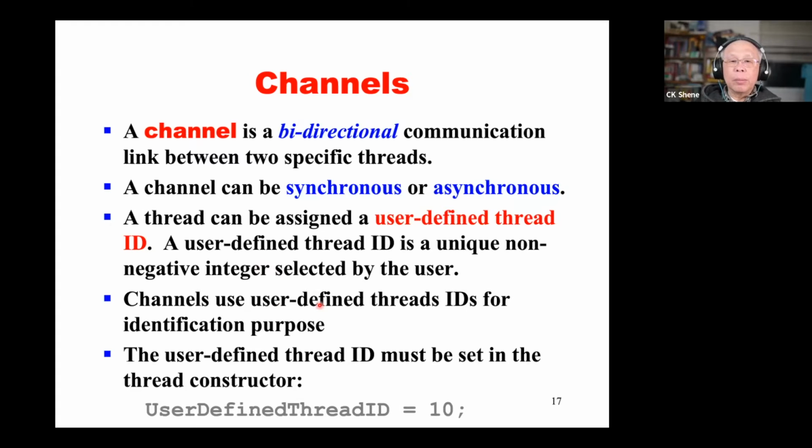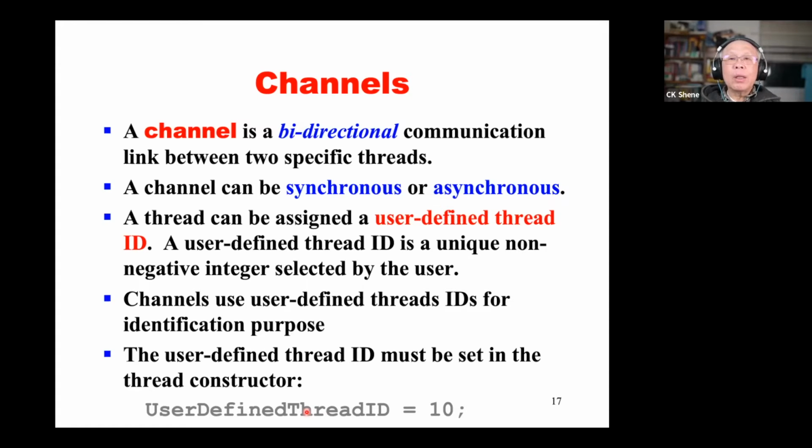Channels in ThreadMentor use user-defined IDs for identification purposes. So in the thread class, there is a name, user-defined thread ID. You could assign a non-negative integer. If you assign a number to the user-defined thread ID, that thread would have at least two IDs.